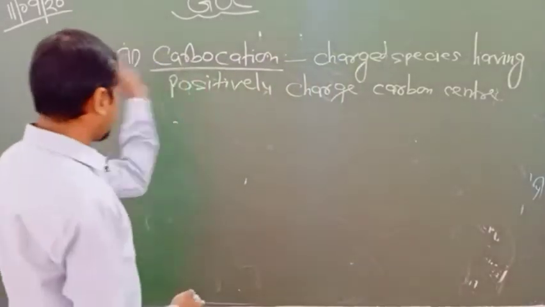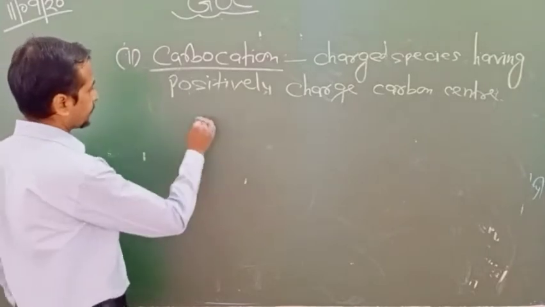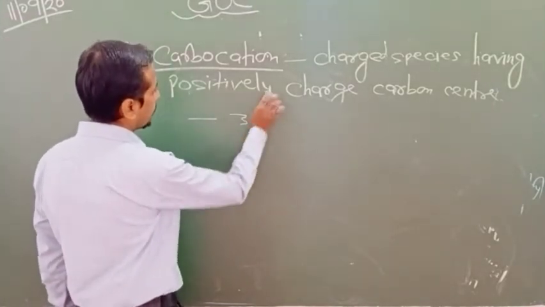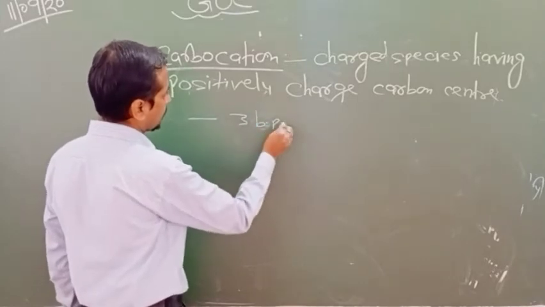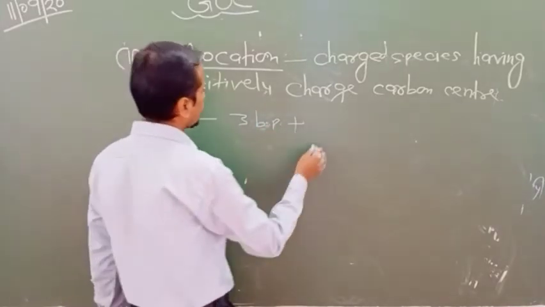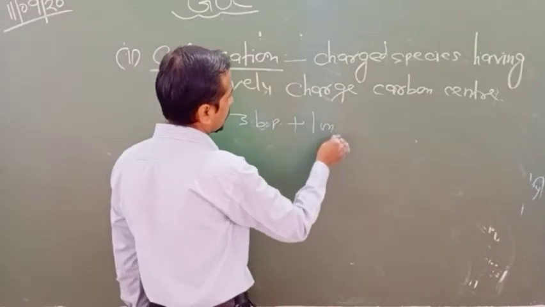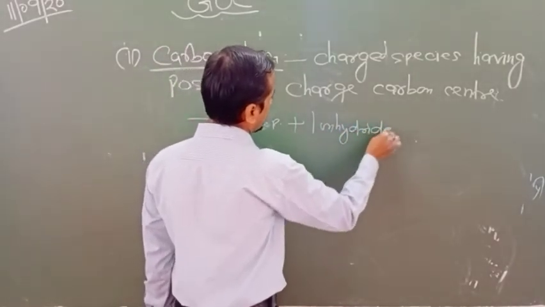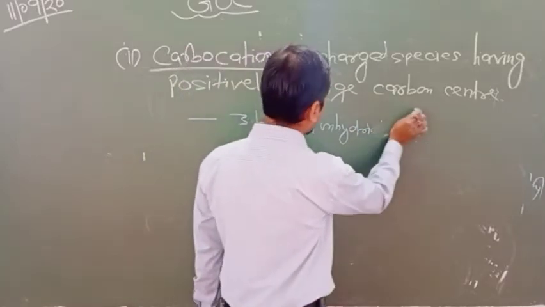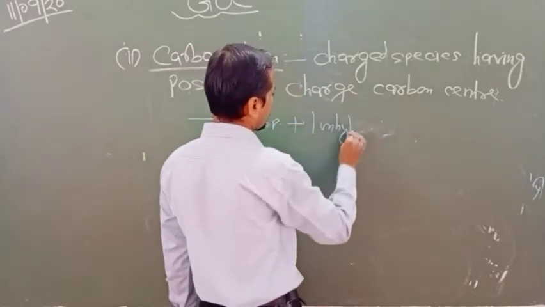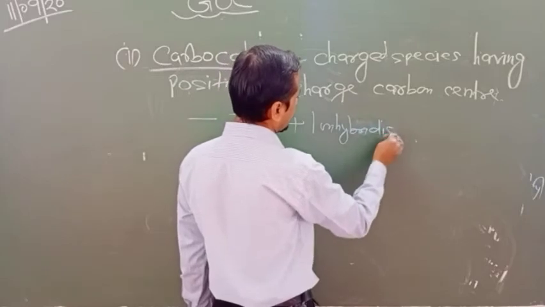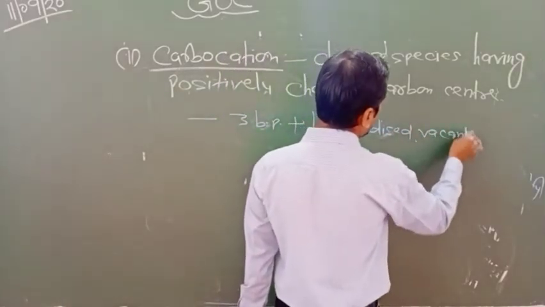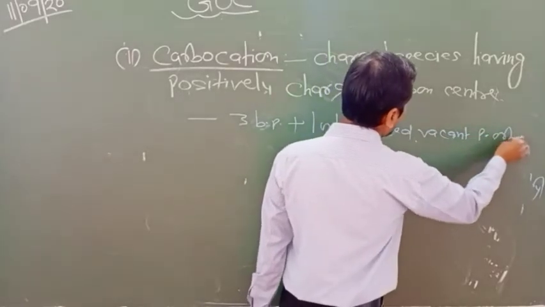So look here. First, 3 bond pairs plus one unhybridized, vacant p orbital.